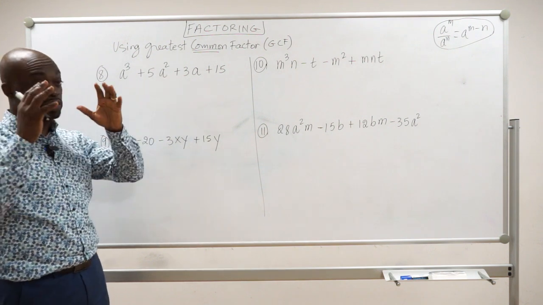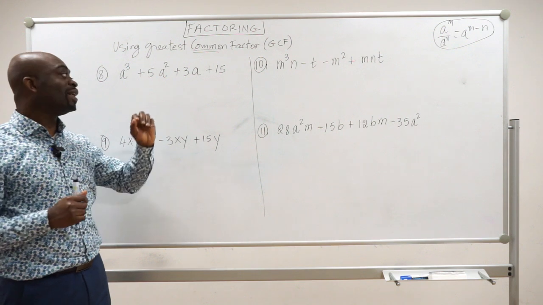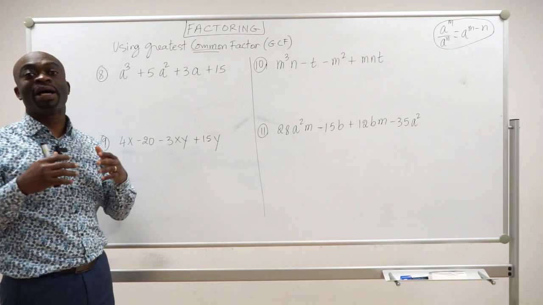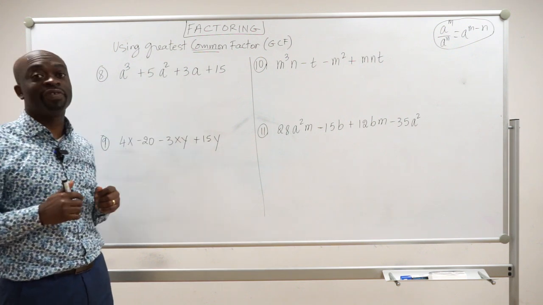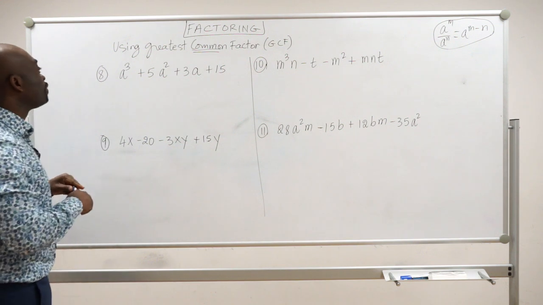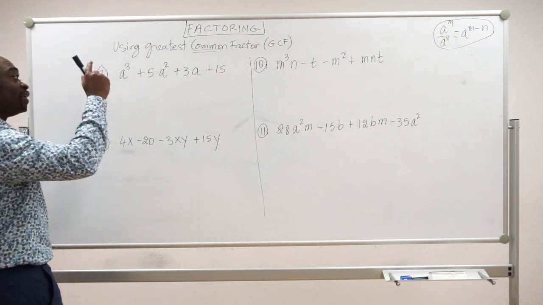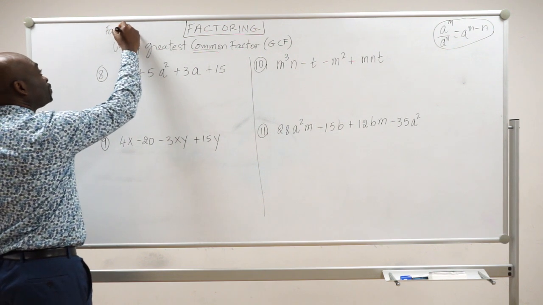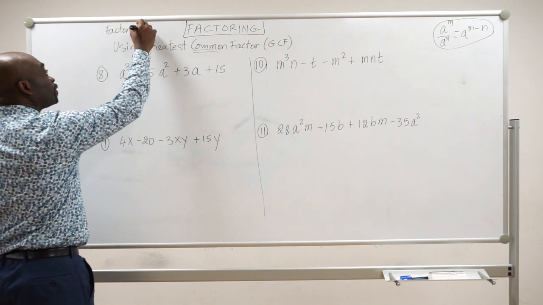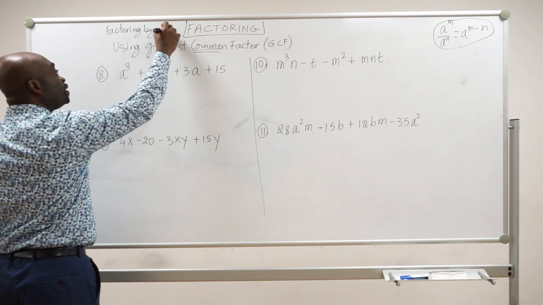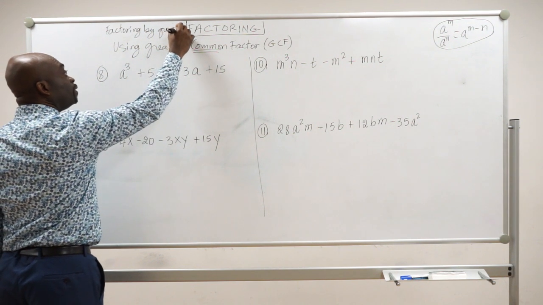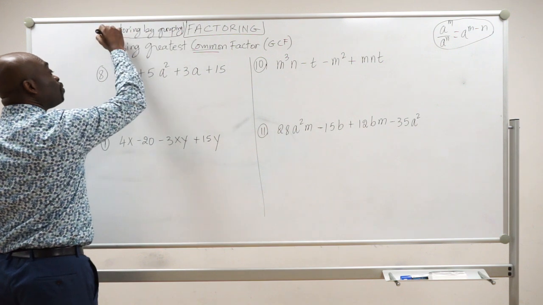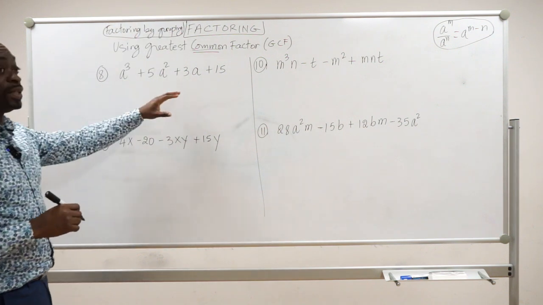We call this factoring by grouping, which is under greatest common factor. So we call it factoring by grouping, but it's still under this one.